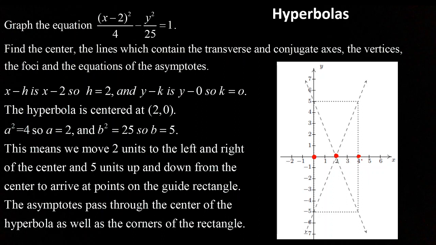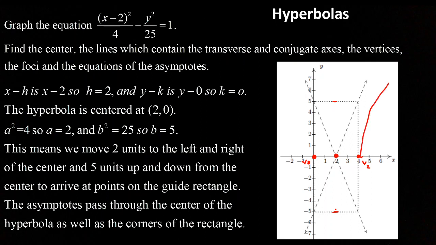And those are the vertices, vertex number 1 and 2. And then b squared is 25, so b is 5. So we go 5 units up, right here, and 5 units down. And then we graph our rectangle, the guide rectangle, and graph our asymptotes. And now we know what the graph looks like.